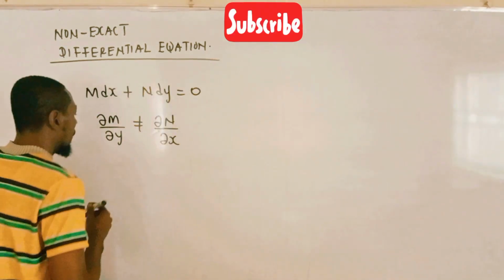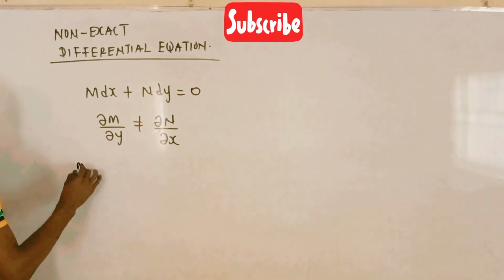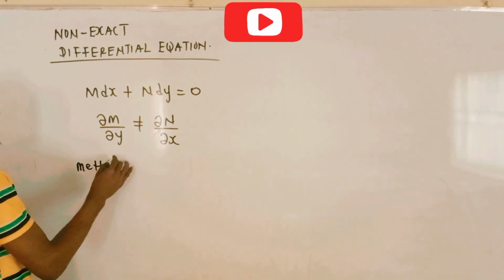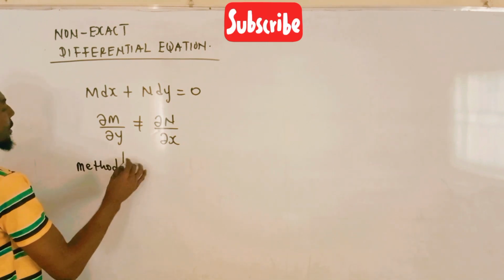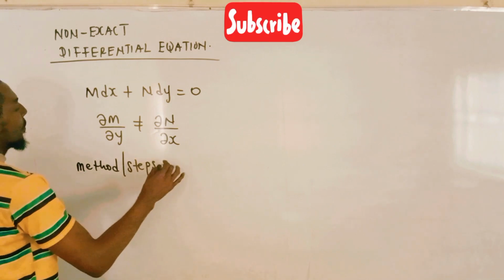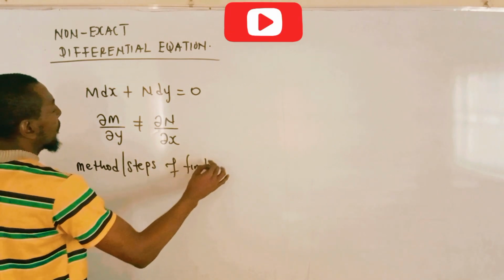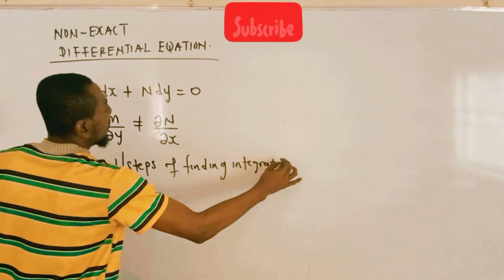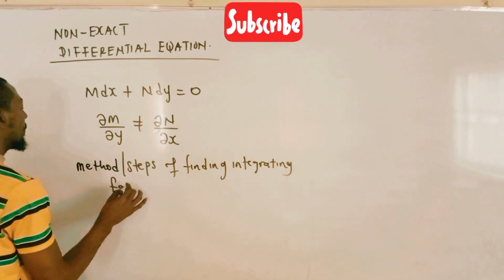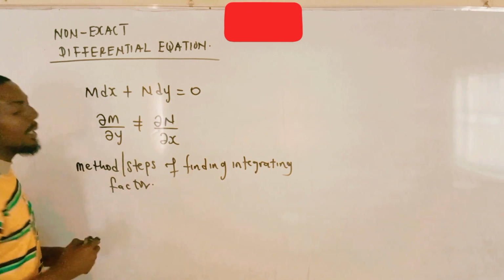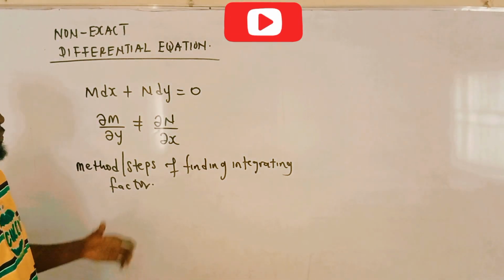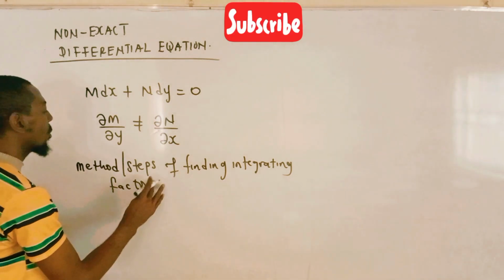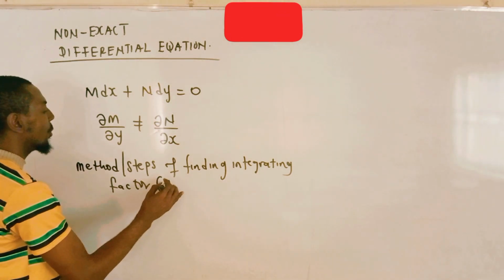So now, the method or steps of finding the integrating factor. Once an equation is not exact, what we do is find the integrating factor, and of course the symbol is mu.